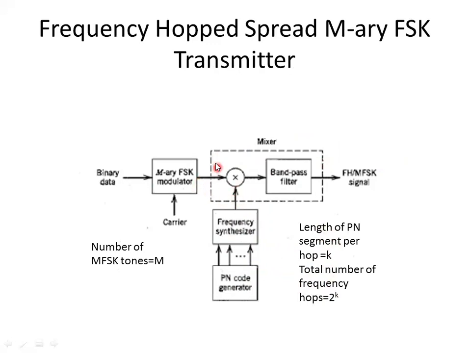So whatever the signal which was here, which is centered at F1 Hertz, will be now shifted to any one of the 2 power K frequencies generated out of this frequency synthesizer. So this is the job of the mixer.